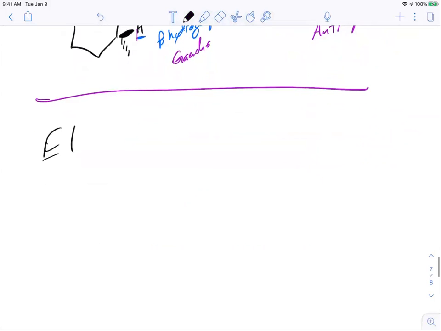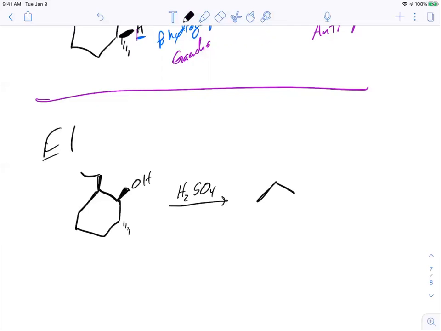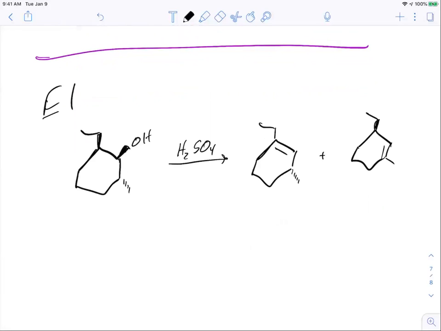If we look at E1, I'm going to change my substrate a little bit. Okay, so in this one, I'm not starting with a good leaving group, right?